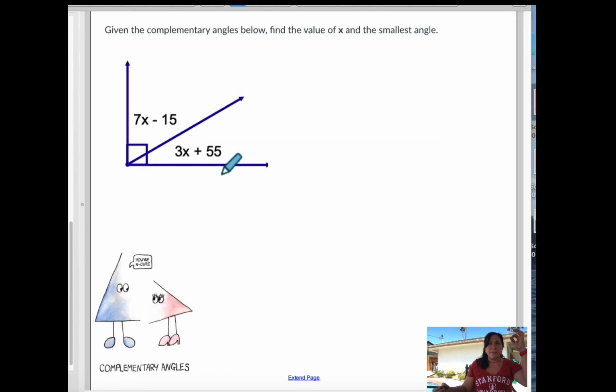The key is to make sure that you are reading each of the questions and seeing exactly what they want. For this problem here, I'm telling you that these are complementary angles, which in your head, while you're reading, you should recognize that those add up to be 90 degrees. Your job is to find the value of x and the smallest angle.